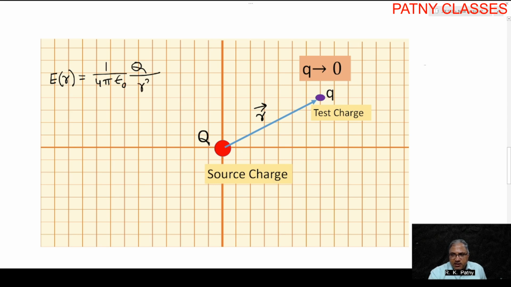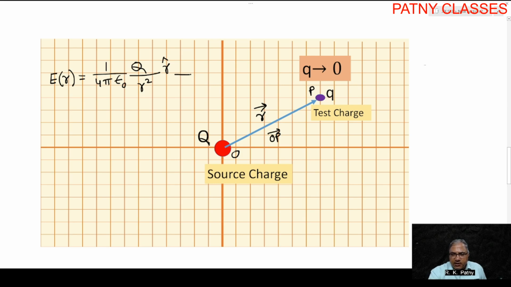As the distance increases, the effect of the electric field decreases, so it is upon r square. And the value of the electric field in a particular direction can be calculated by multiplying it with the unit vector r cap in the direction of vector OP. This is the point O and this is the point P, so it is vector OP.